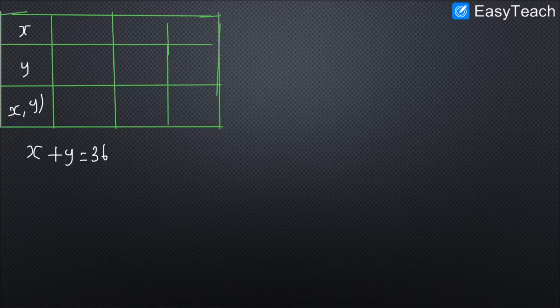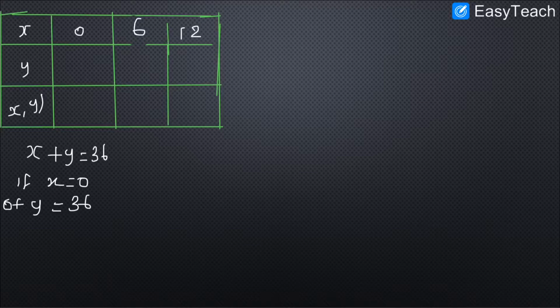Next, let's find the vertices for the equation x plus y equals 36. Here it is better to take x as a multiple of 6, because 36 is a multiple of 6. So 0, 6 and 12. If x equals 0, 0 plus y equals 36, y equals 36.